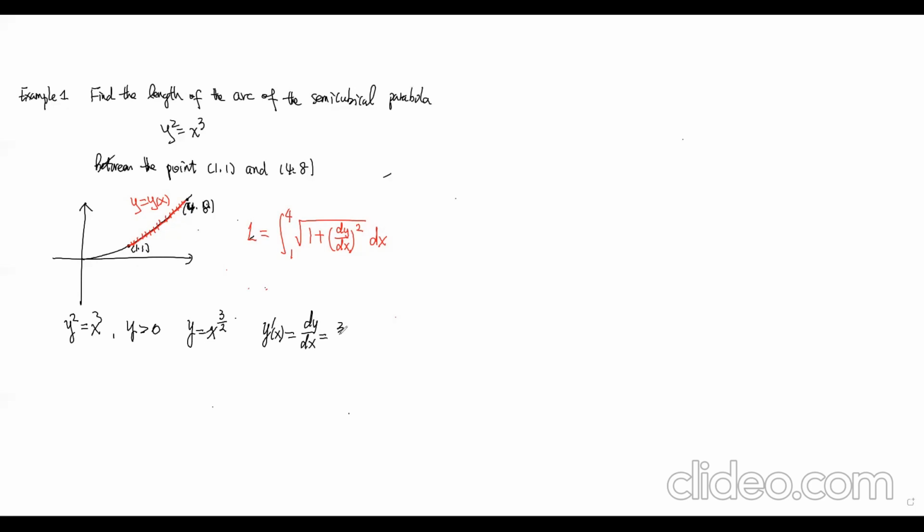This is 3/2 x to the power 3/2 minus 1, which is one half. The squared dy/dx is 9/4 x. So we have the integral from 1 to 4.